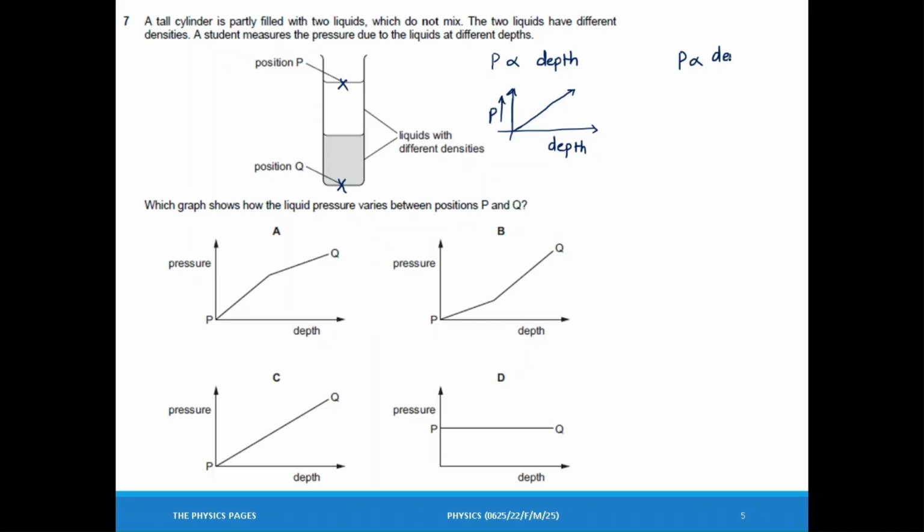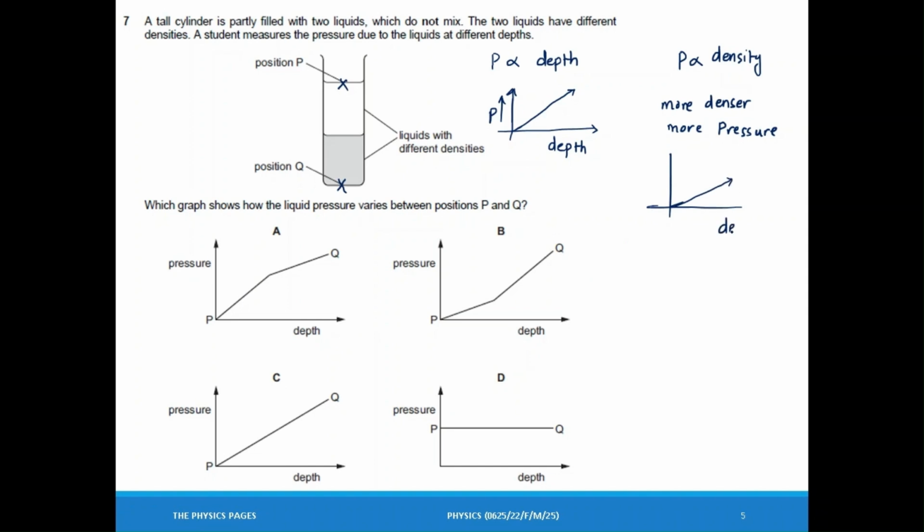So if you have two different densities, the denser one will have more pressure. Here I can show you, for example, if you have two different liquids, one liquid is less dense.